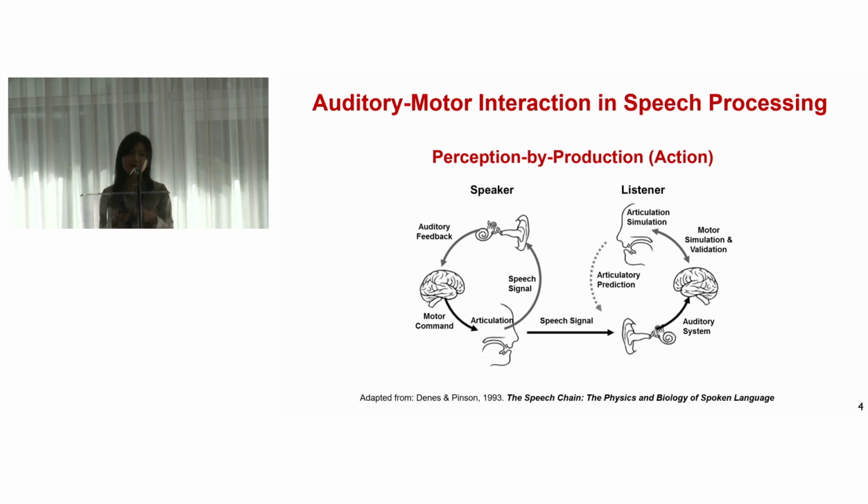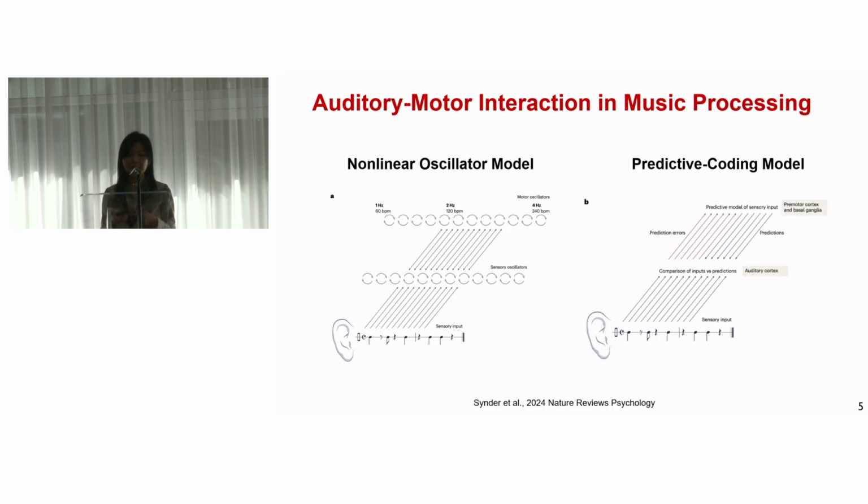Such auditory motor integration facilitates our speech perception, especially in noisy and uncertain listening conditions. Similarly, in music perception, there are strong auditory motor interactions, whether the motor system works as oscillators or provides prediction signals. We believe those auditory motor systems interact to enhance our temporal predictions and auditory music processing.